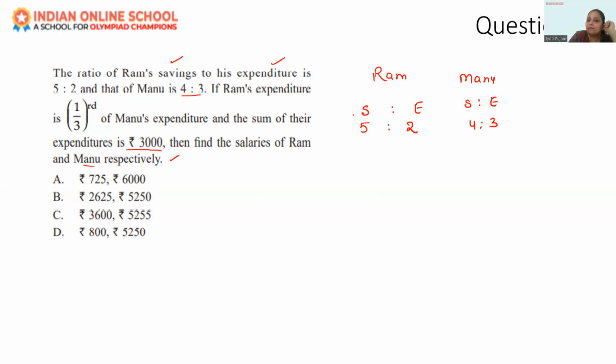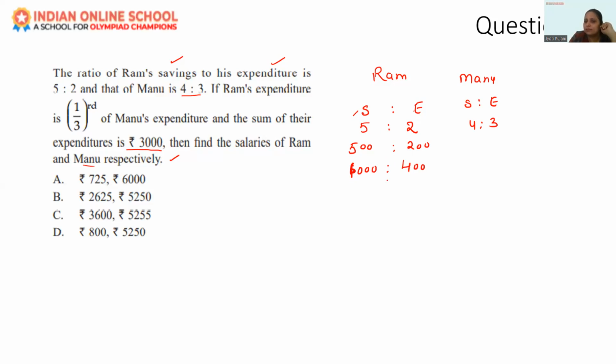Ram's savings and expenditure are in the ratio of 5:2. It means if savings are 500, then expenditure is 200. If savings are 1,000, then expenditure will be 400.